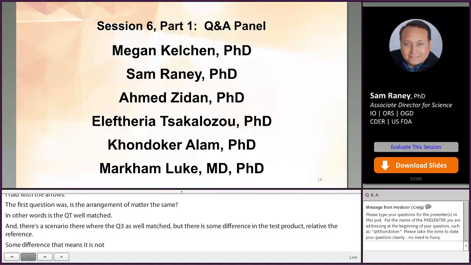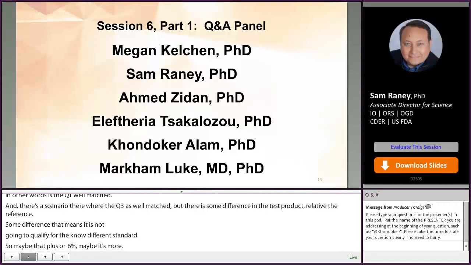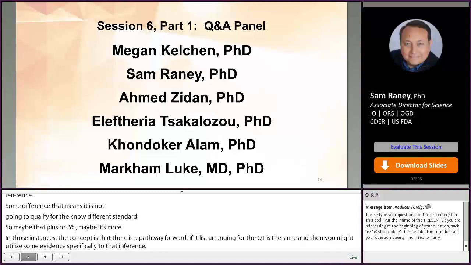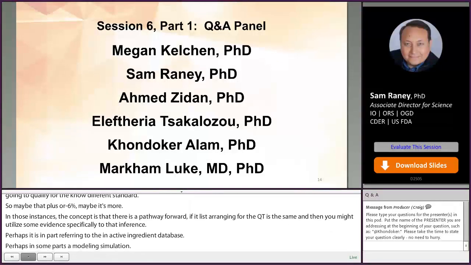In those instances, the concept is that there's a pathway forward if at least the arrangement of matter is the same, the Q3 is the same, and then you might utilize some evidence specific to that difference. Perhaps it's in part referring to the inactive ingredient database, perhaps in part some modeling and simulation. One might utilize an in vivo dermal OFM or dermal microdialysis study.